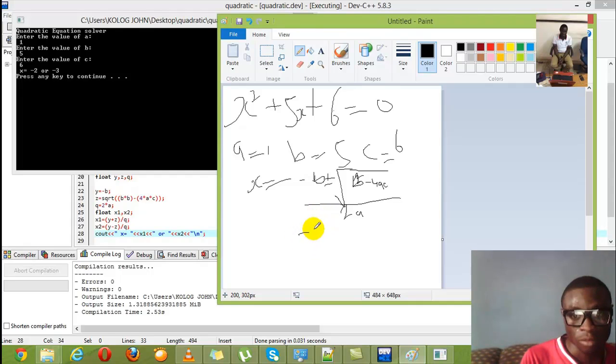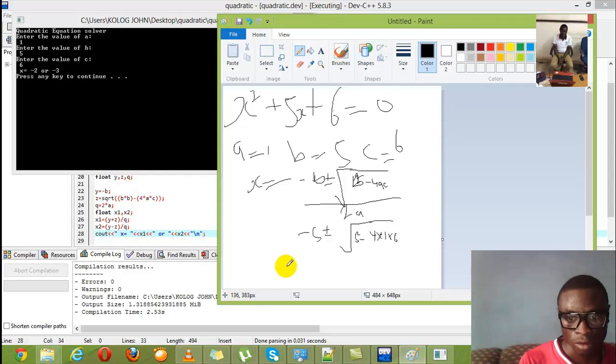That means we'll have minus 5 plus or minus the root of 5 square minus 4 times a, which is 1, times c, which is 6, all over 2 times 1, that is a.